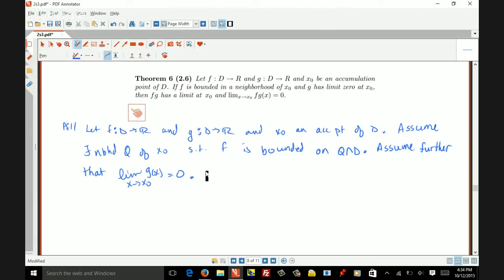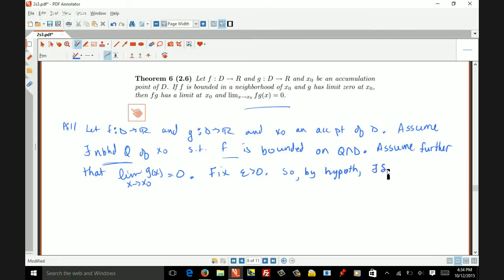Now, fix our epsilon bigger than 0 because we're trying to show that this limit is actually going to be 0. So fix epsilon greater than 0. I know that there exists a neighborhood Q of x naught so that f is bounded by hypothesis.